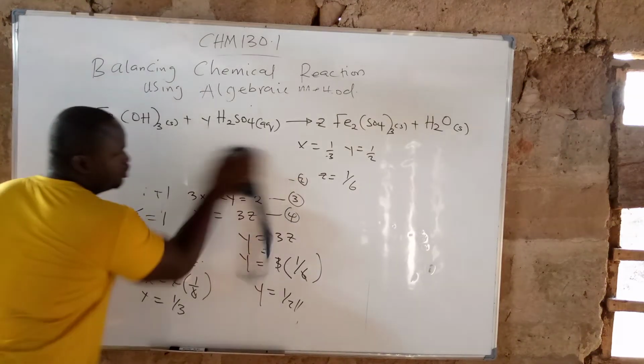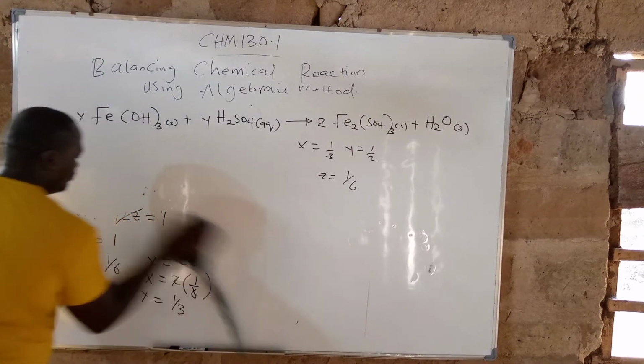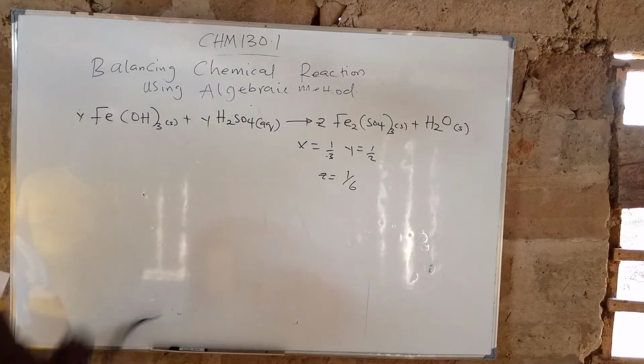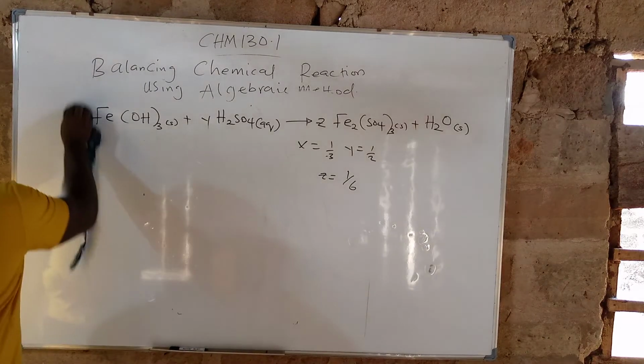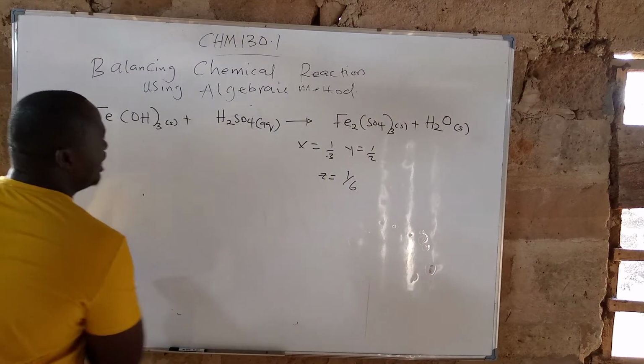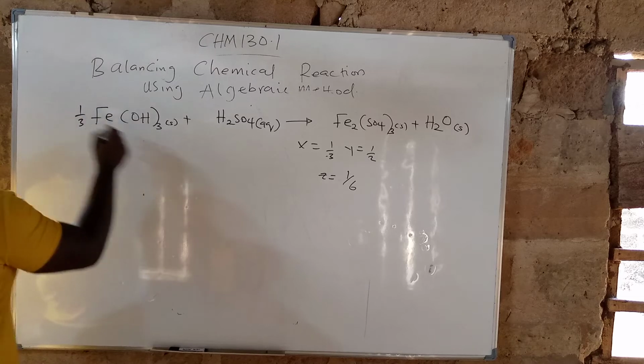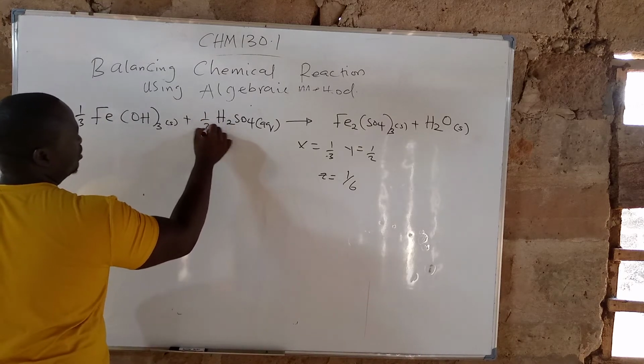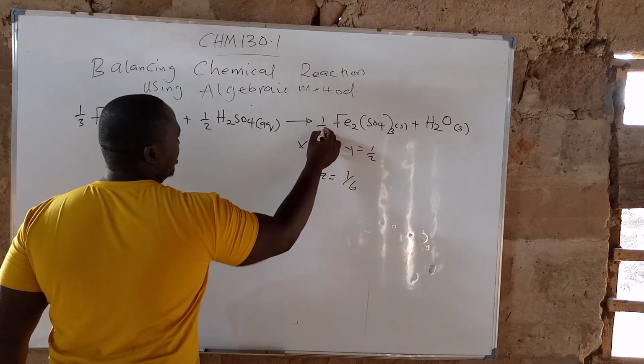I've got to clean it to make space. Let me remove this. I don't want to waste time. Just substitute the values. So my X here is 1 over 3, my Y is 1 over 2, and my Z is 1 over 6.